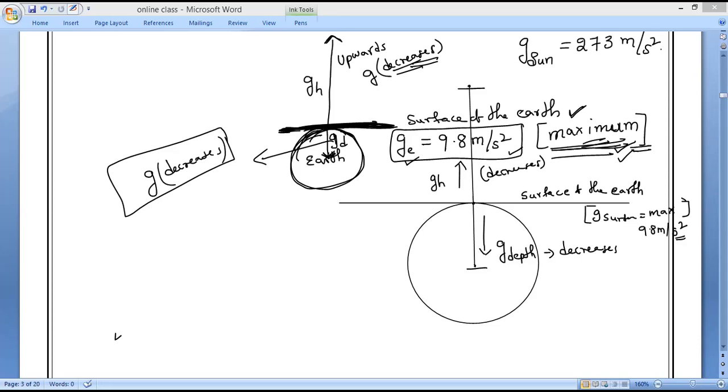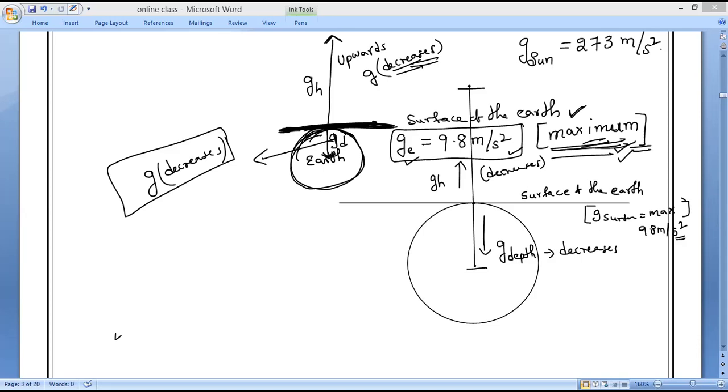Altitude. So what is the heading you kept? Acceleration due to gravity, factors affecting it. First factor, altitude.